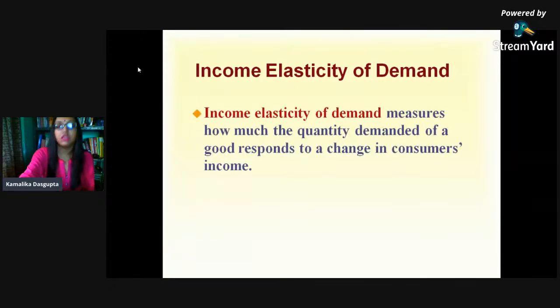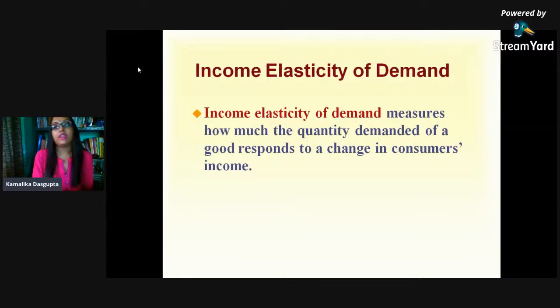Elasticity of demand. Now we all know that the determinant of demand is not only price. Yes, price is perhaps the most important determinant of demand, but it is not the only determinant. Apart from price, there are other things which determine a person's demand as well. The most important non-price determinant of demand is income.